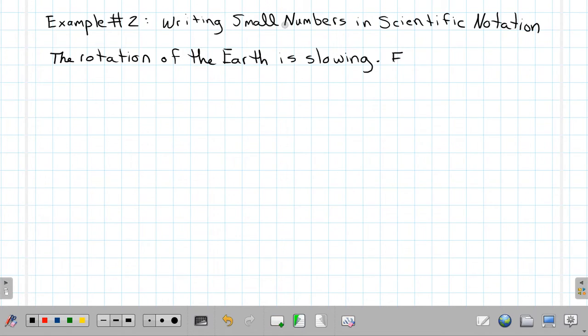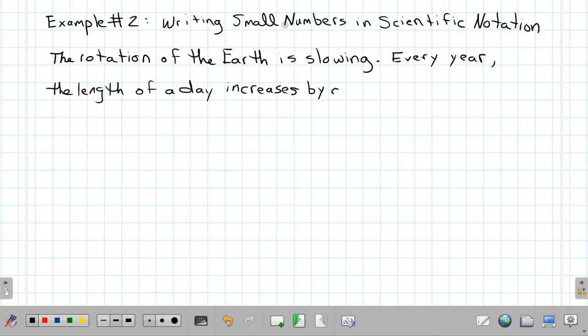So it says every year the length of a day increases by an average of 0.00000178 second.